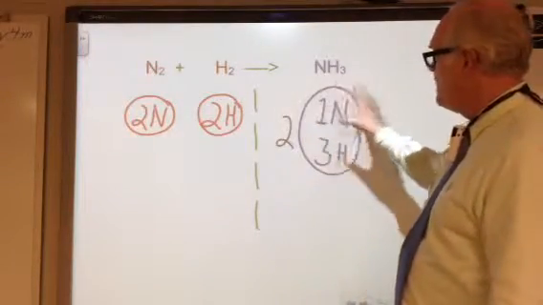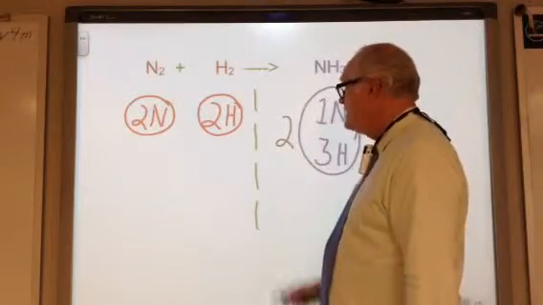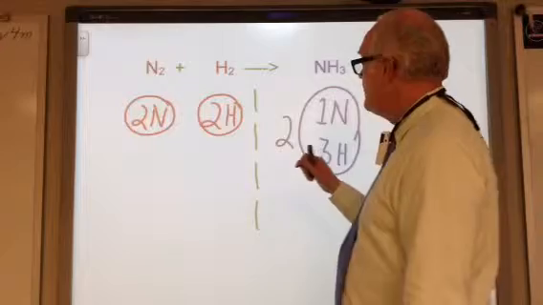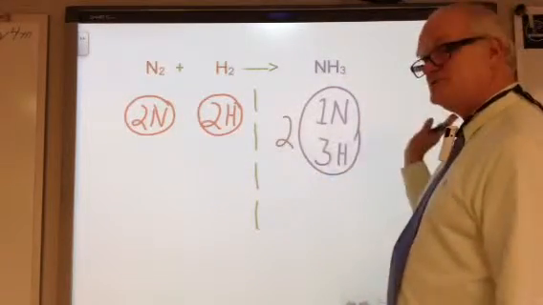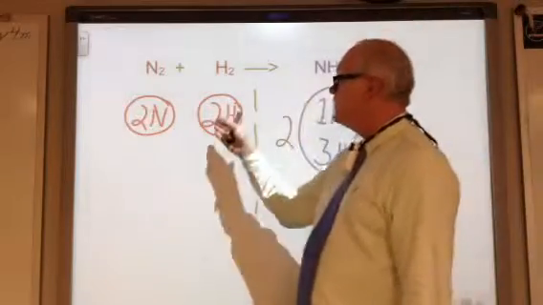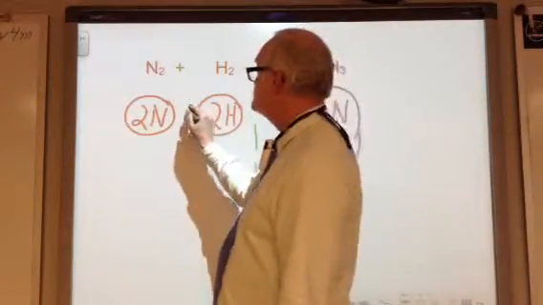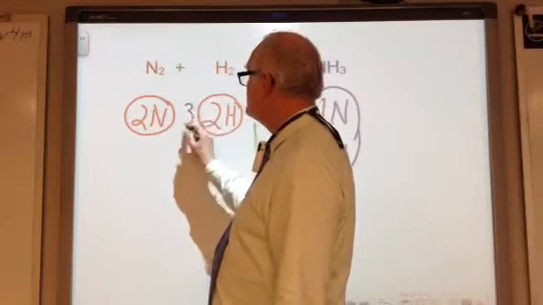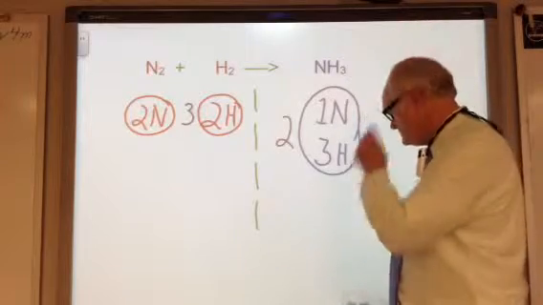So this 2 is a multiplier for everything that's inside the circle that it's in front of. Let's do the same thing with hydrogen now. As it stands, we have 2 times 3 or 6 hydrogen atoms showing on this side of the equation, only 2 over there. What can we do about that? We can add a coefficient in front of this circle here that multiplies everything that's in the circle.